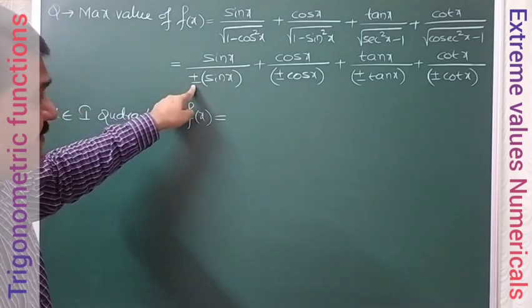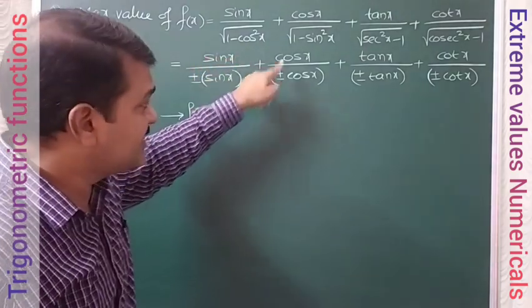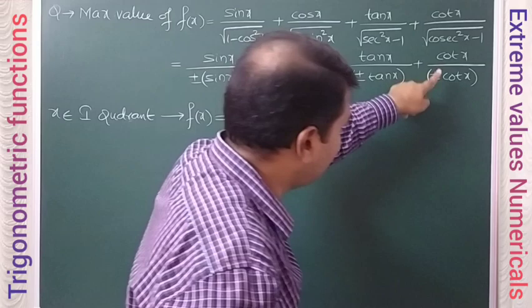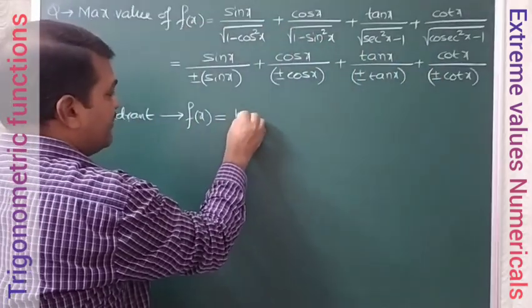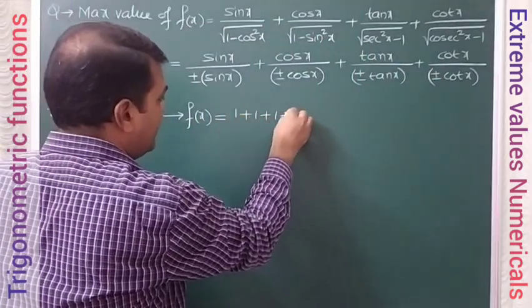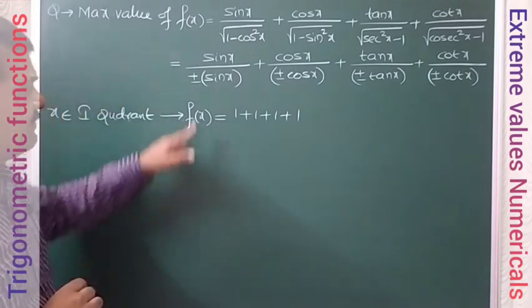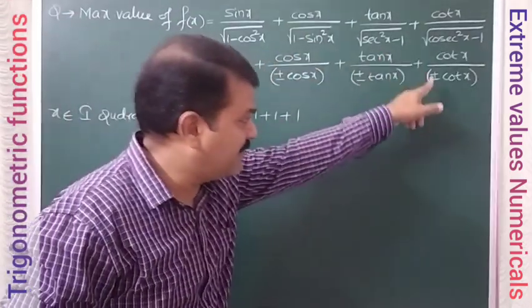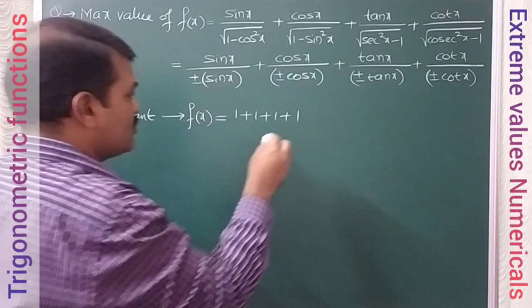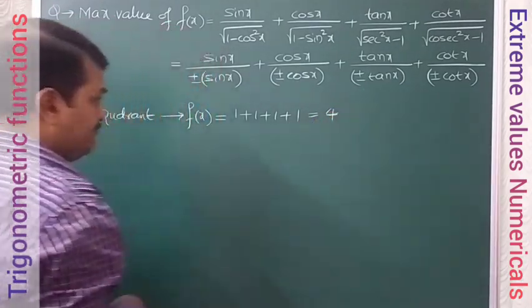That means here we take plus sign, here plus sign, here plus sign, here plus sign. So f of x value will be plus here, plus here, plus here, plus here. So f of x will be 4.